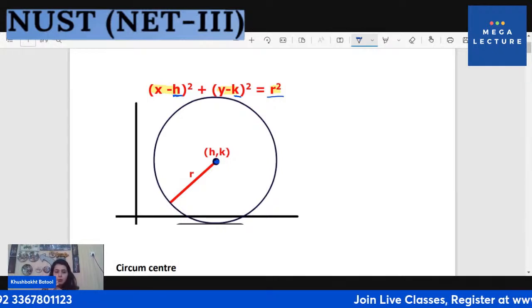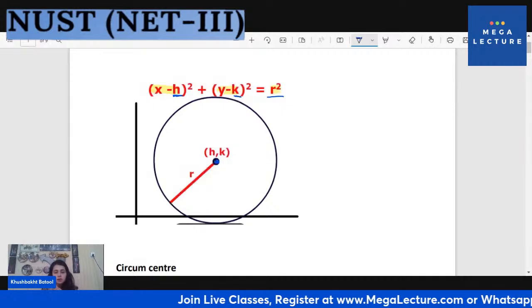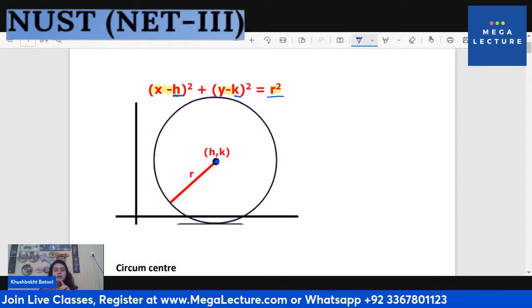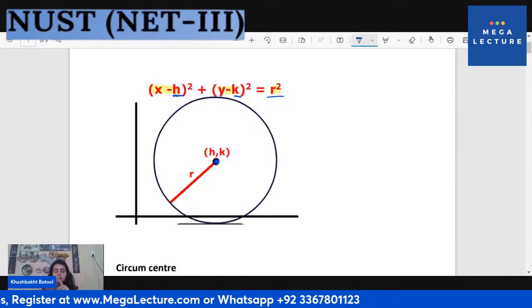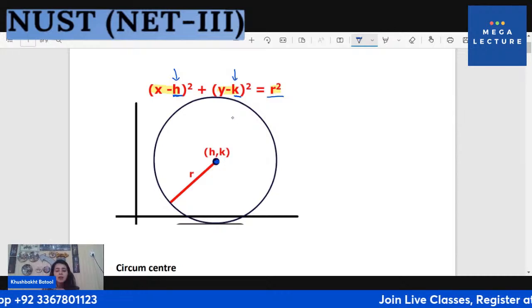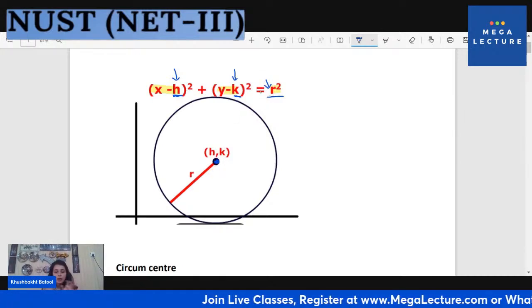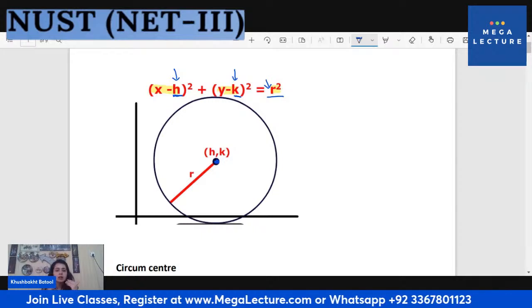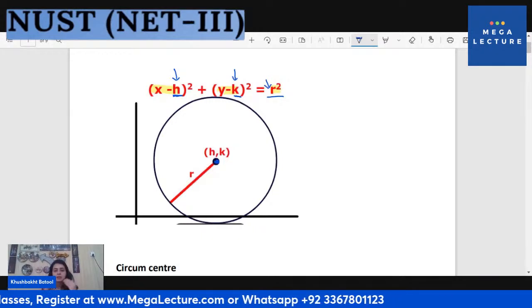So now we know the general form of the equation of a circle has a lot to do with the appearance of the circle. The coordinates of center, particularly the x coordinate, is this one, the y coordinate is this one, and the radius of your circle is basically this r. Okay, now it could be in the questions you have the equation of a circle but it is not in this form, so that does not matter.